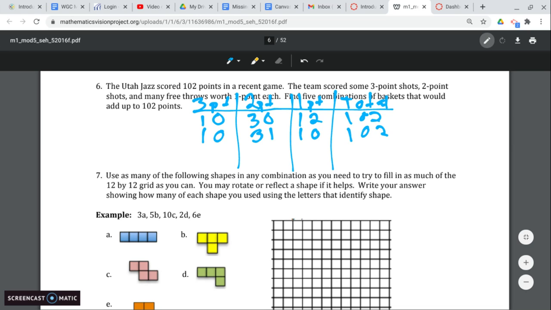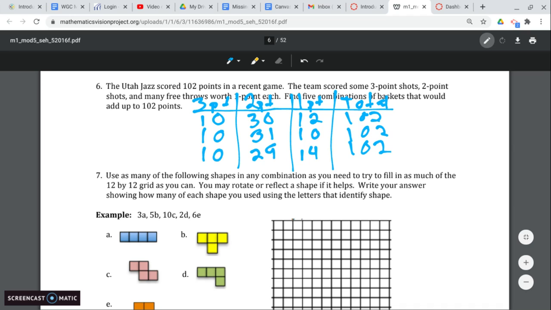We could also do 10 3-pointers, 29 2-pointers, and let's see, we took that one down, so 14 1-pointers to get to our 102. I know that's only 3 instead of the 5 combinations, but that's all the more I can fit there. It's basically just looking for different ways to calculate this out.